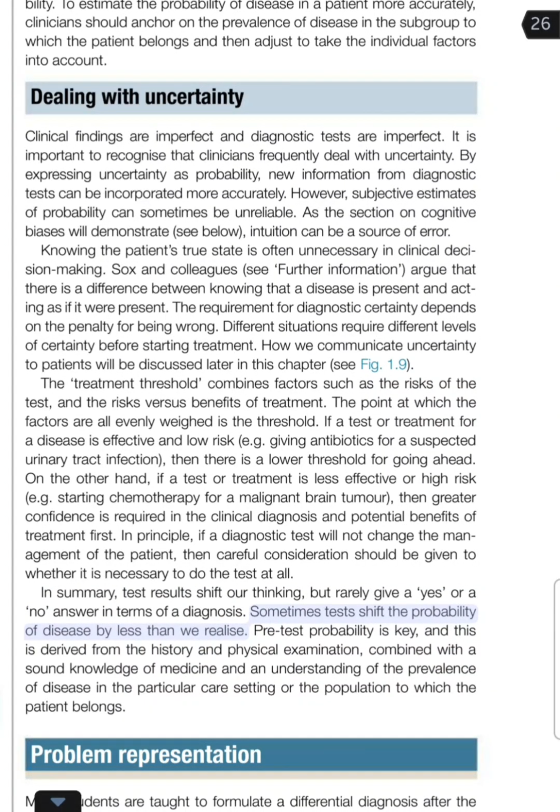Sometimes tests shift the probability of disease by less than we realize. Pre-test probability is key, and this is derived from the history and physical examination, combined with a sound knowledge of medicine and an understanding of the prevalence of disease in the particular care setting or the population to which the patient belongs.